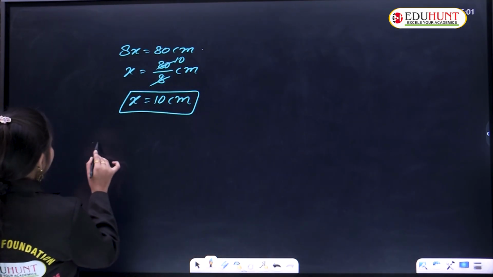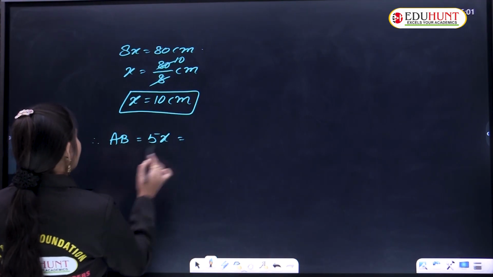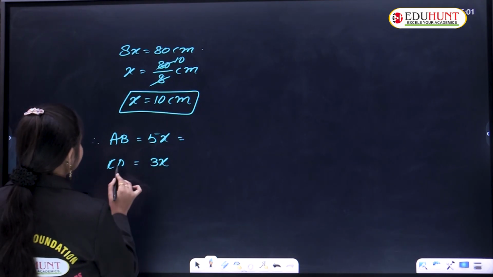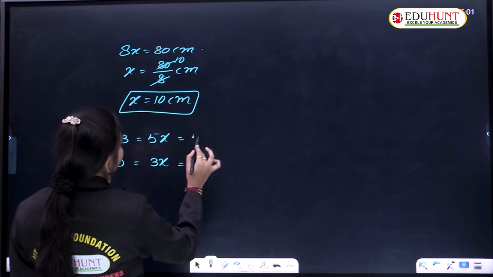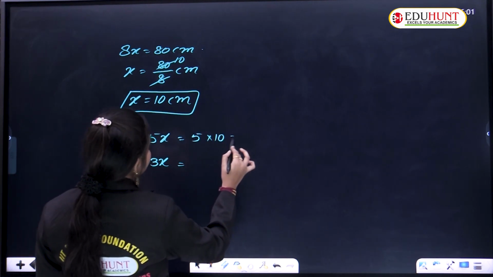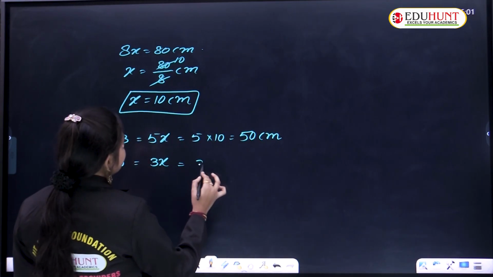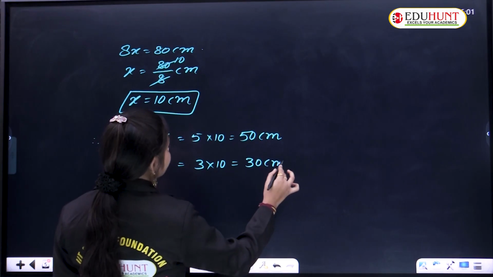AB is equal to 5x, and CD is equal to 3x. So AB is 5 into 10, which is equal to 50 centimeters, and CD is 3 into 10, which is equal to 30 centimeters.